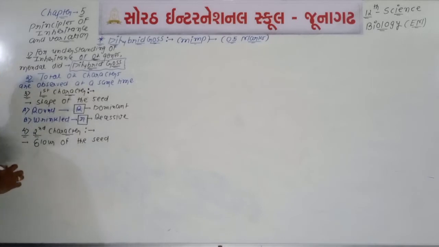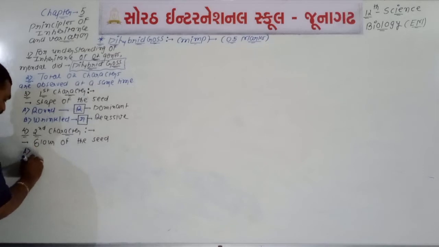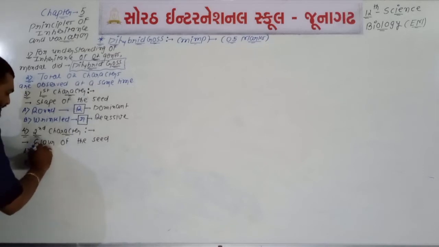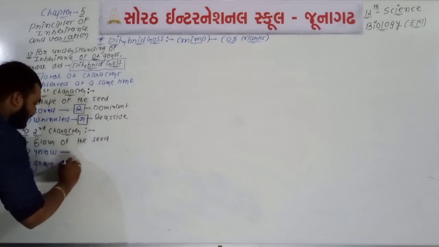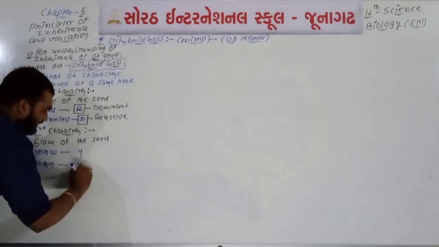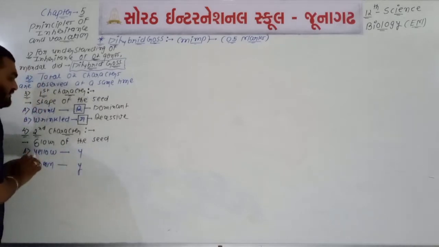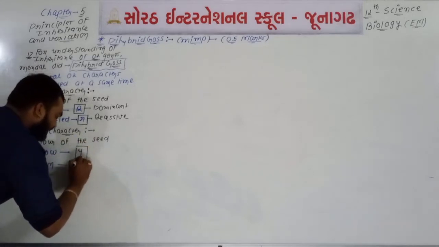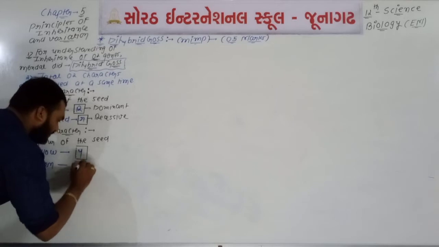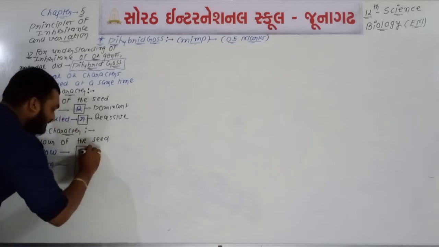The first option is the yellow color of the seed, and the second option is the green color of the seed. For yellow the sign is capital Y, and for green the sign is small y. Capital Y is dominant and small y is recessive.